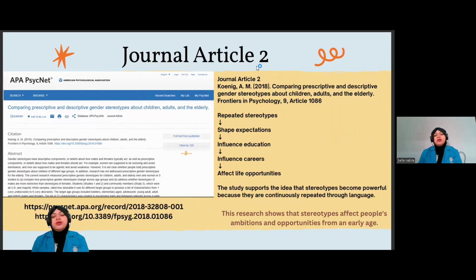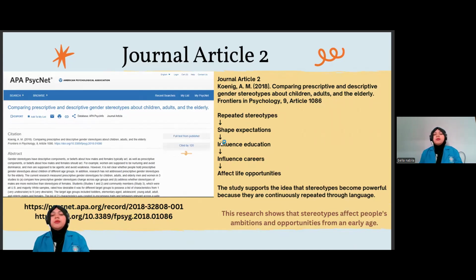Journal article number two I got from Connie Lee, 2018, comparing prescriptive and descriptive gender stereotypes about children, adults, and the elderly, in Frontiers in Psychology 9.